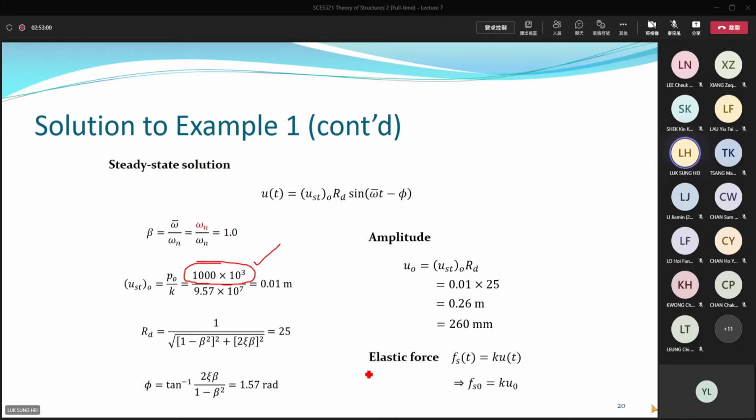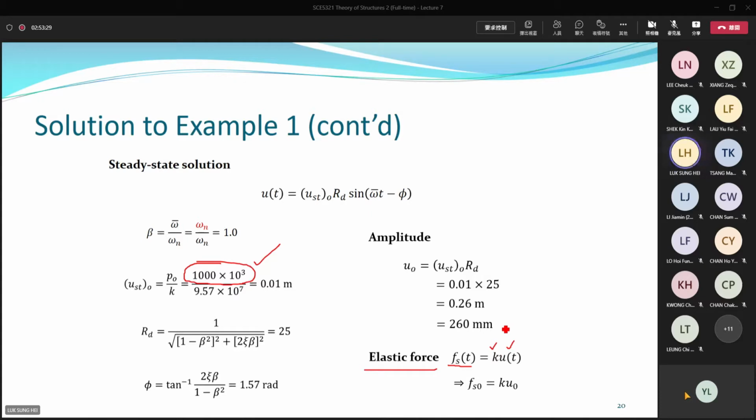Here, I show you another formula. Elastic force means the force due to the stiffness component. Stiffness components mean the columns. The columns provide stiffness. You can evaluate the force applied on the stiffness component, on columns or beams, using this stiffness formula. We learned this in topic 4. Elastic force equals stiffness times displacement.